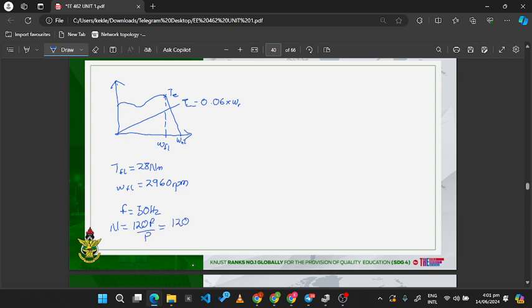So 120 times 50 divided by the number of poles. Ideally, the full load speed should not be too far from the no load speed because we don't want a lot of slip.